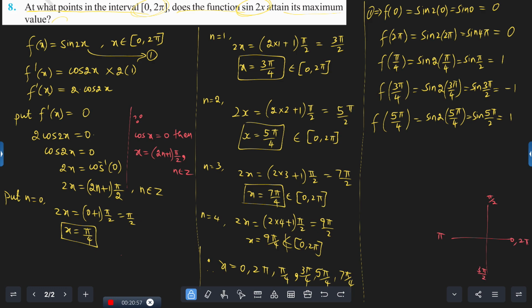Here we have 3 pi by 2. Here you will be getting 5 pi by 2, then 7 pi by 2. One more round gives 9 pi by 2, and one more round gives 11 pi by 2. Like that we can go.